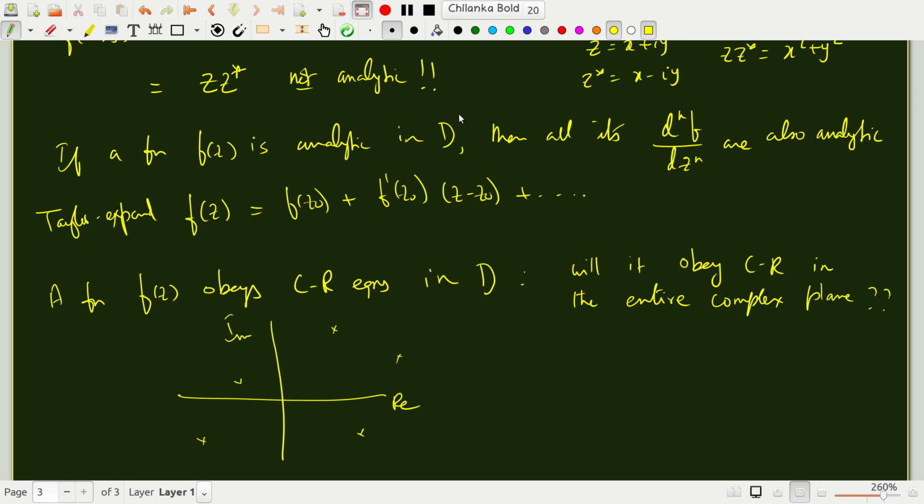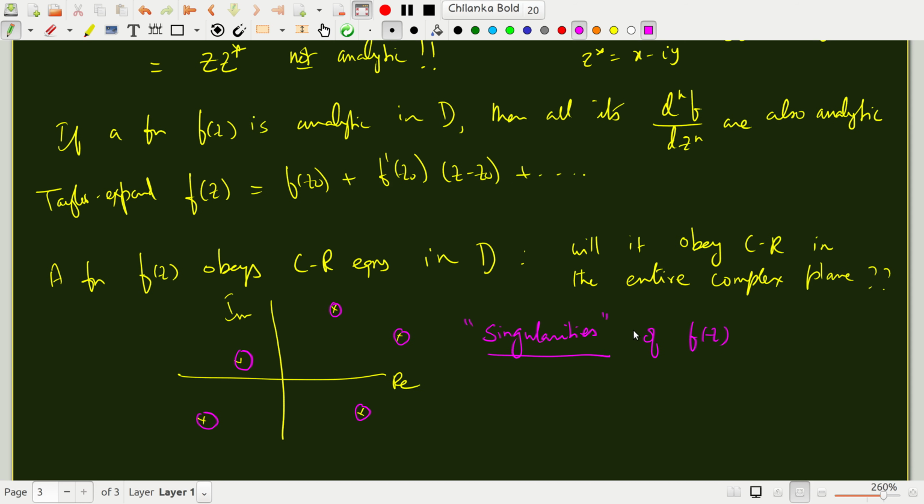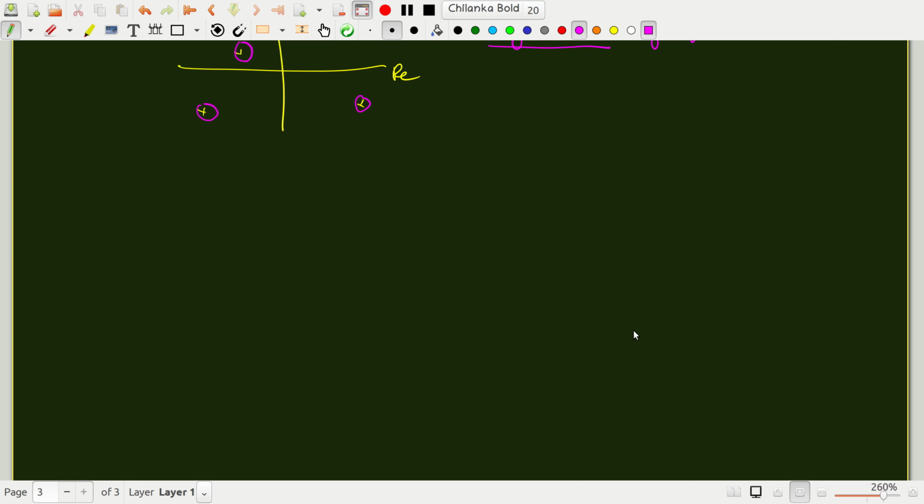So these points where the Cauchy-Riemann conditions are not satisfied are called the singularities of the function f of z. Singularities play a very important role, as you will see shortly, in many aspects of complex functions.